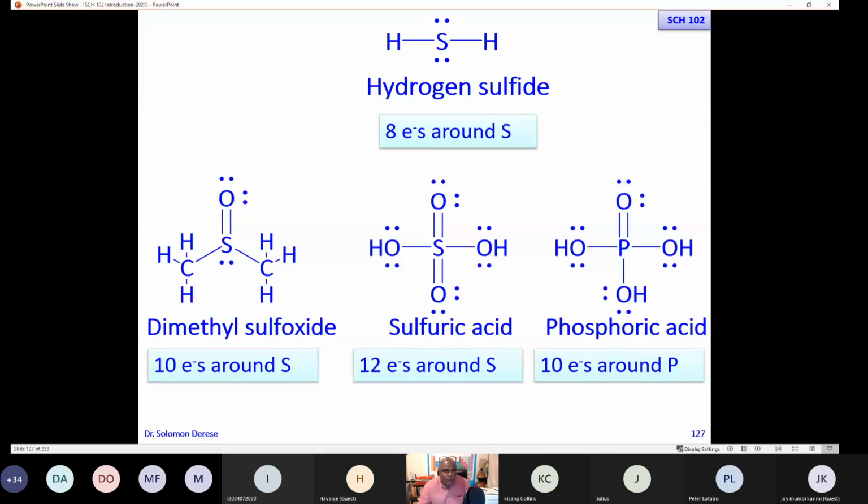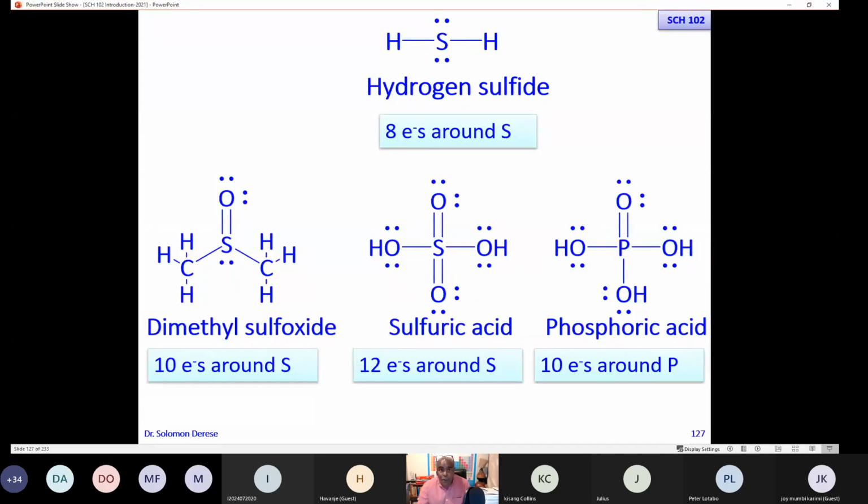And then we follow the octet rule, we follow the duet rule. The reason why we follow the duet rule for hydrogen is because hydrogen is in period 1 of the periodic table. To completely fill the first period, you only need 2 electrons. That's why hydrogen follows the duet rule.